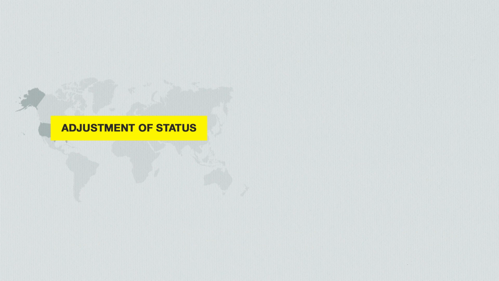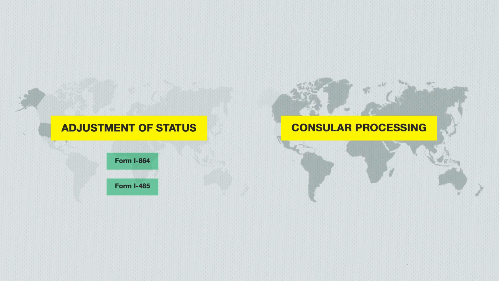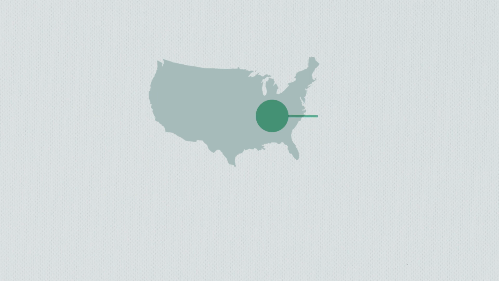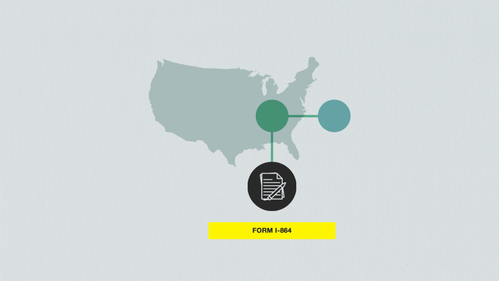If you are adjusting status, you must file Form I-864 along with Form I-485. If you are applying through a U.S. embassy or consulate, the National Visa Center will require Form I-864 before the interview. The U.S. relative who petitioned the immigrant is the sponsor who fills out Form I-864.